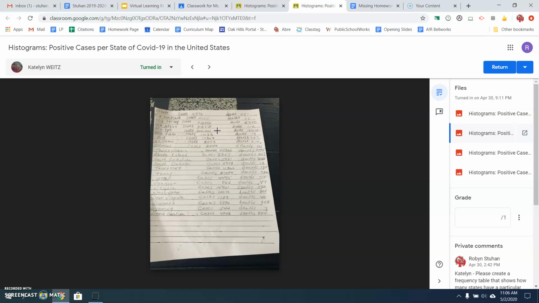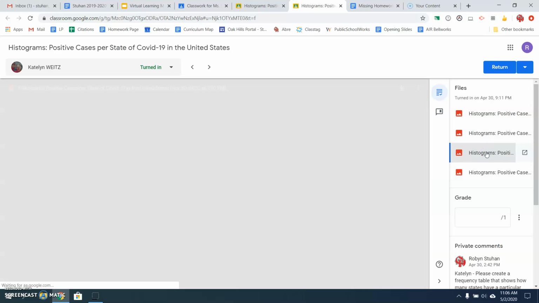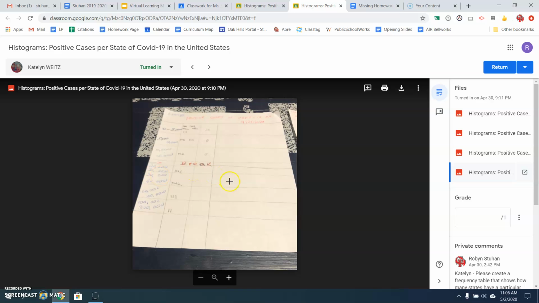But if they do, you want to have a bin that is 300,000 to 305,000 cases, and then put 1 hash mark in there to represent New York. I know New York and New Jersey are what we call outliers because they're way higher than all the other states. So that's where it's acceptable to put a break. You don't need to put a break where it's just one blank line, but you can put a break where there's lots of blank lines.